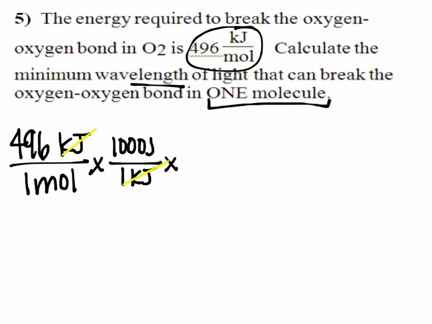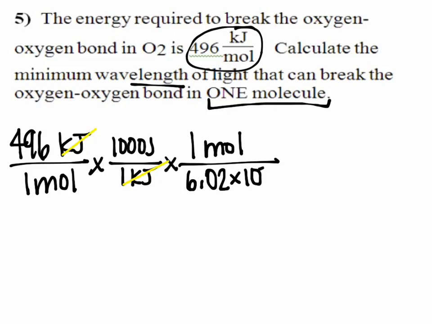So, for every 1 mole, there is 6.02 times 10 to the 23rd molecules. So that should get me joules per molecule.